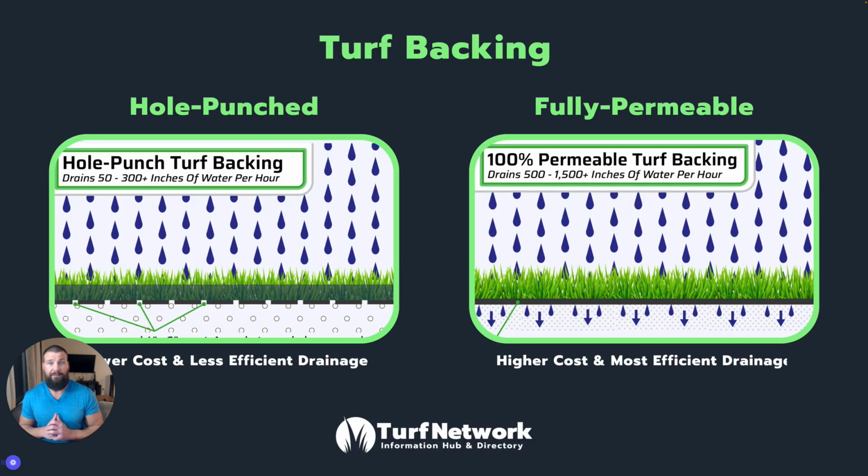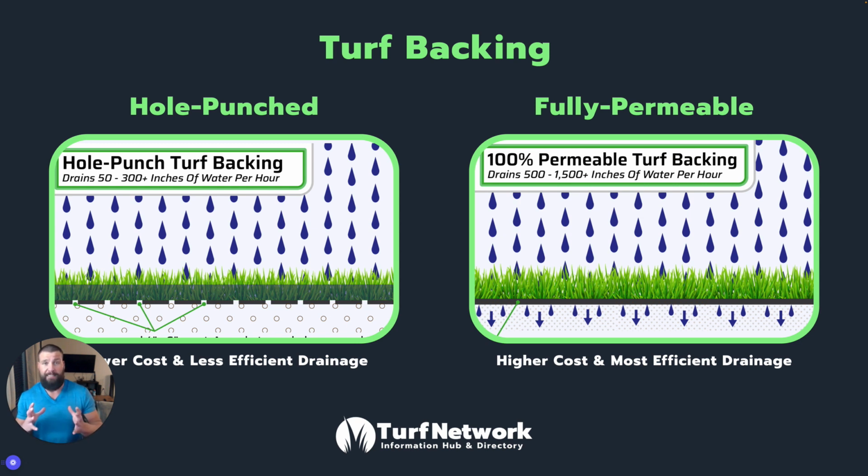Next up, we have the turf backing, which is literally just what it sounds like, the actual backing. It's what the fibers are actually secured to on your artificial turf. There are more than two types of backing, but hole punched and fully permeable are the most common types of backing used on artificial grass. And hole punched is, I would say, the most tried and true backing.